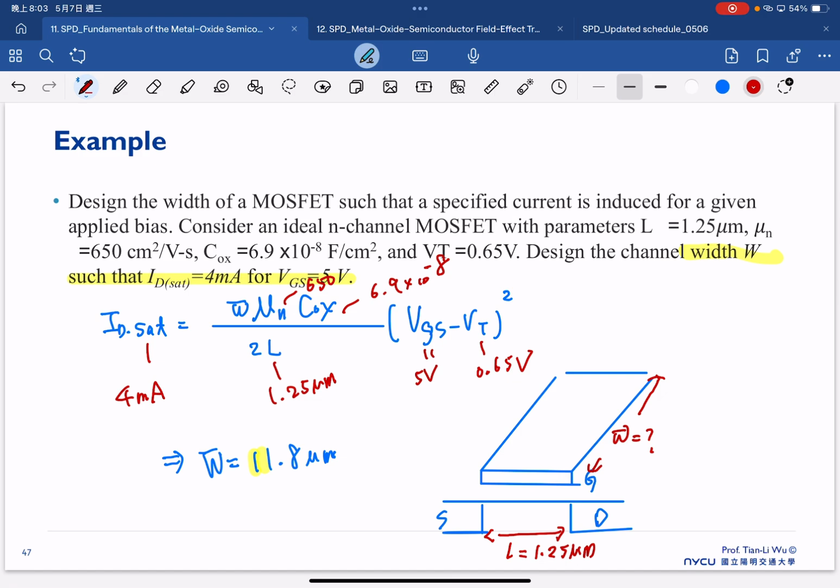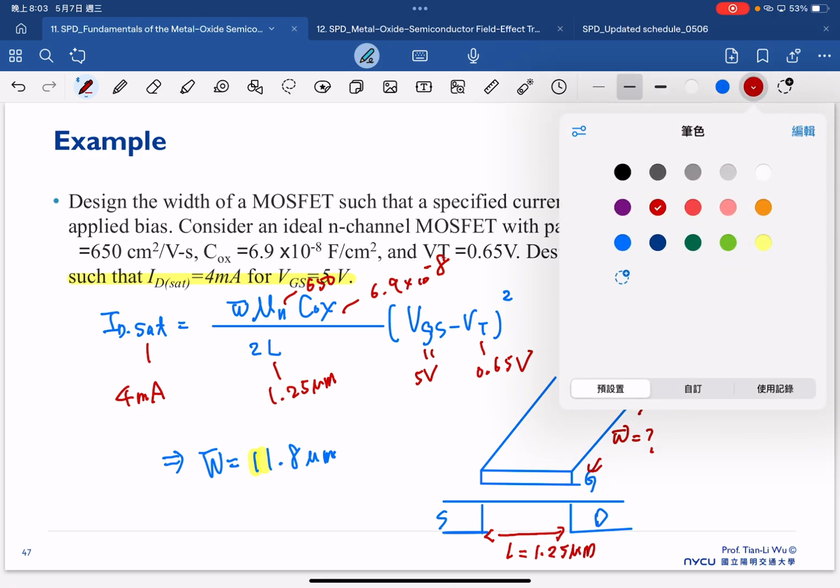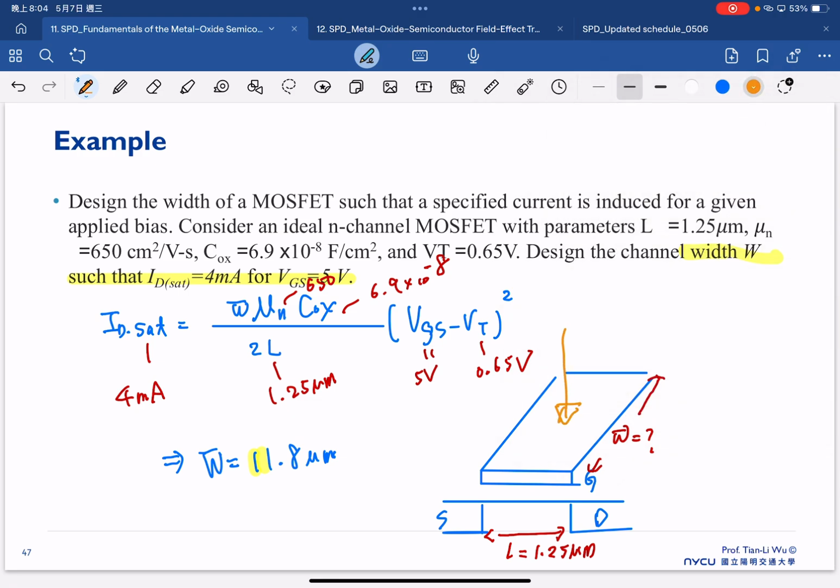Once you have a chance to design the transistor, no matter whether for your own fabrication or you tape out and somebody helps you make it, what we actually provide to them is not this schematic. What we actually provide to them is only the layout of this transistor, where we provide the layout looked at from the top view.